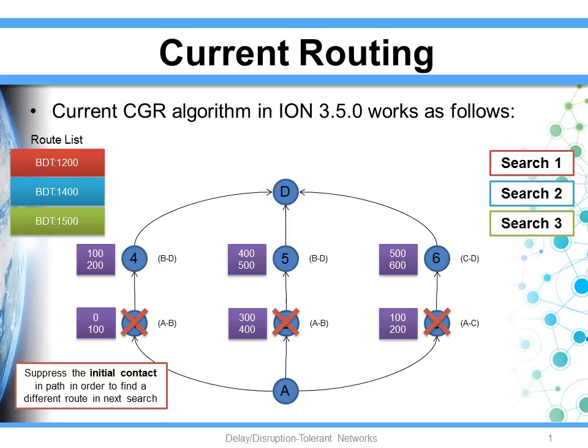And then if we remove the initial contact of this route, there are no more routes to find, and the search ends with 3 routes found toward the destination. Removing the initial contact of each route that was found allows finding different routes toward the destination.